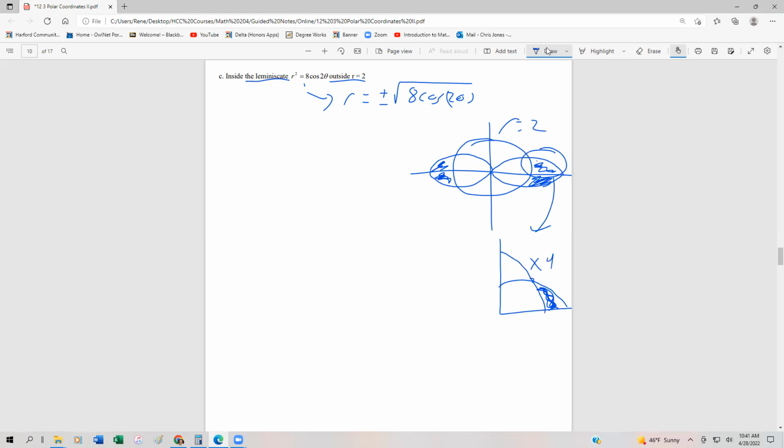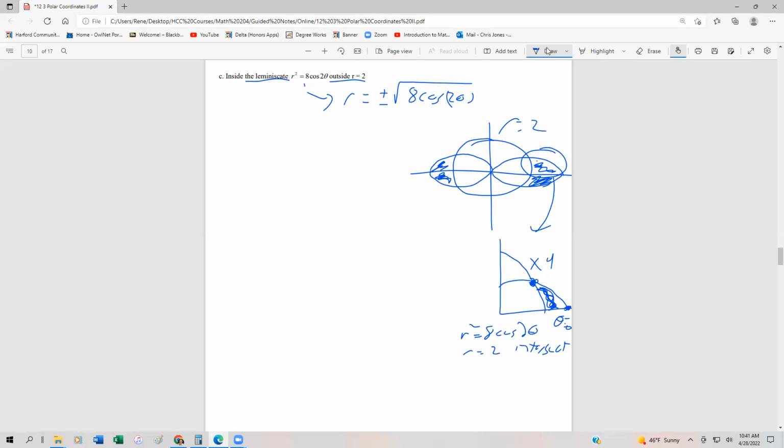And so if we knew what this point of intersection is, in other words, where r squared equals 8 cos 2 theta and r equals 2 intersect, and then we also knew what this point was, in other words, where the angle is 0, right here, this is when theta equals 0, just to make sure, then we can try to figure out what the bounds are for this.